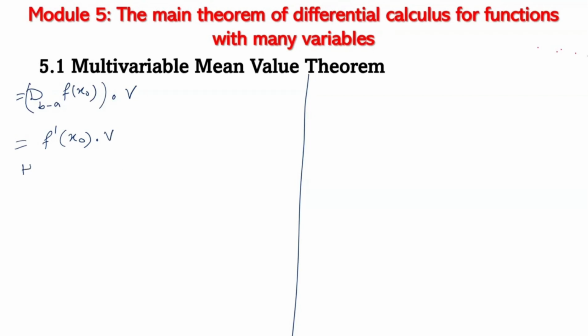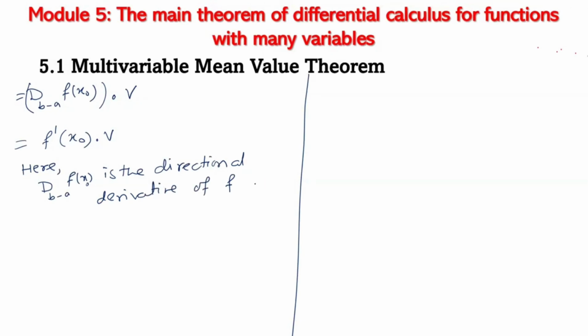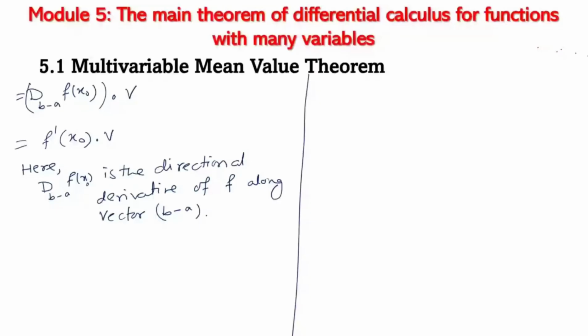So here D_{b minus a} f of x naught is the directional derivative of f along b minus a.